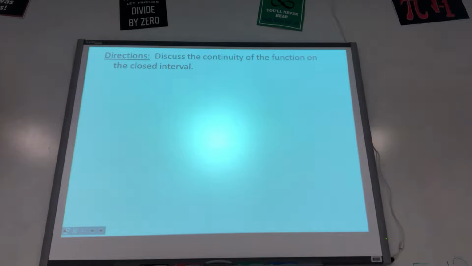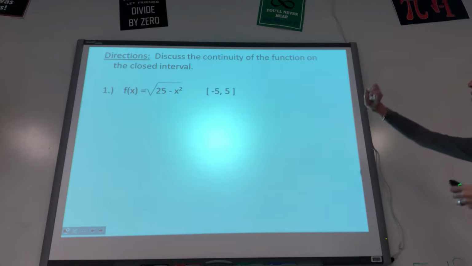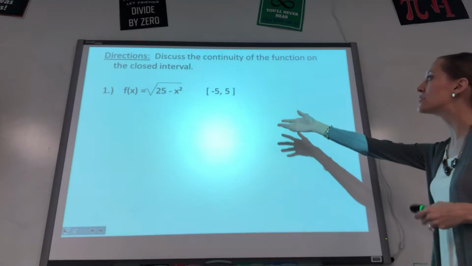We've had intervals before. Closed interval means it has brackets. Open intervals have parentheses. So remember, if you have closed intervals, then you can equal those values. Okie doke. So this is the first one.